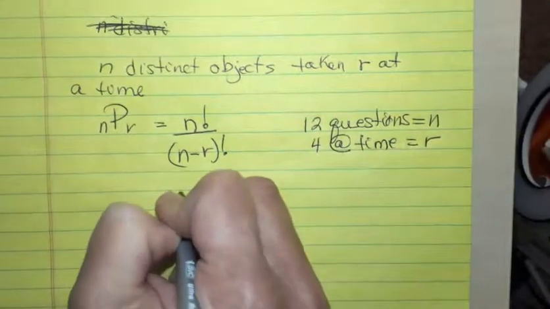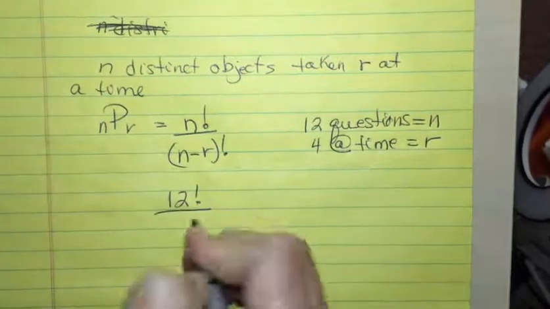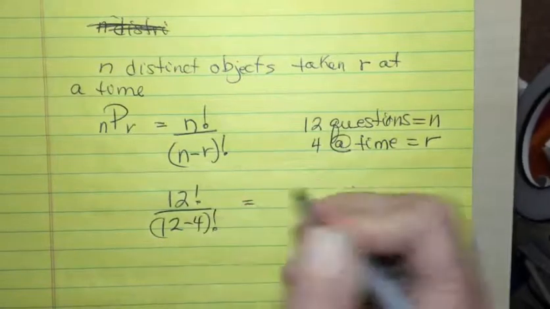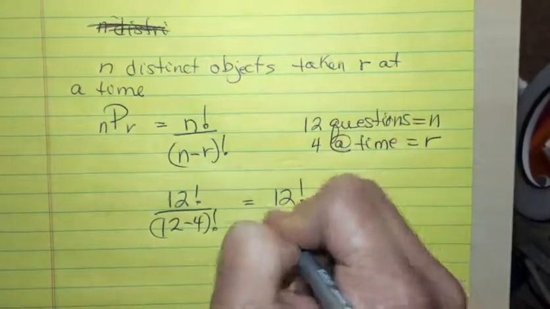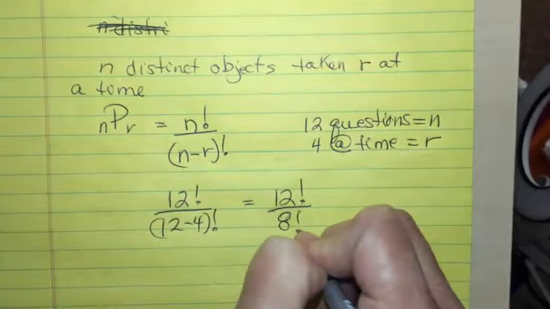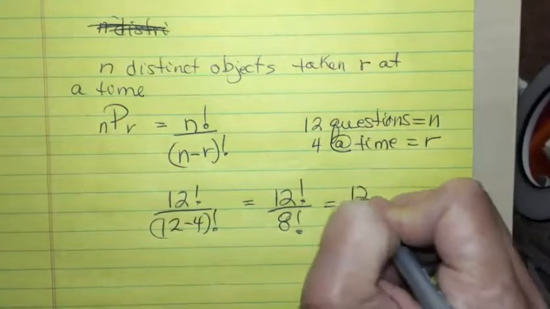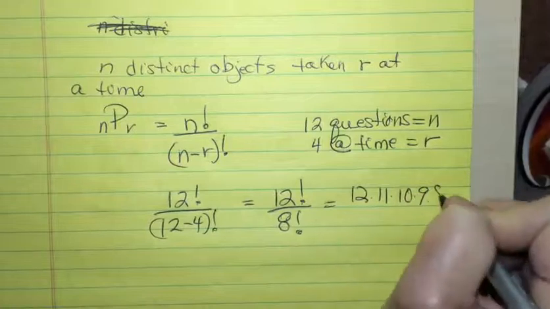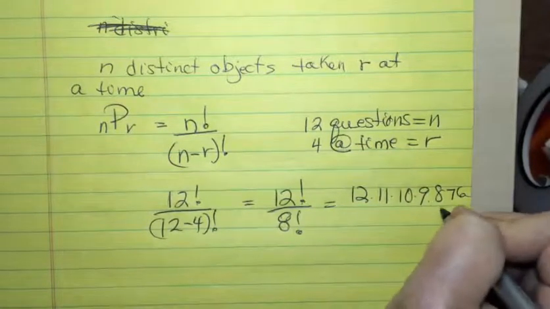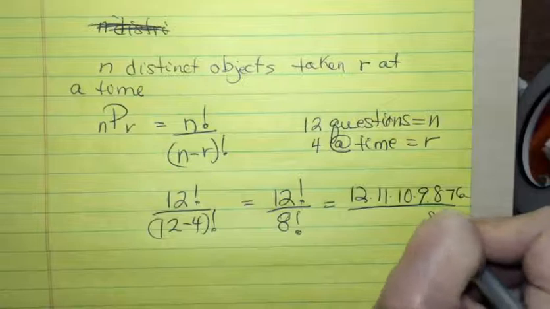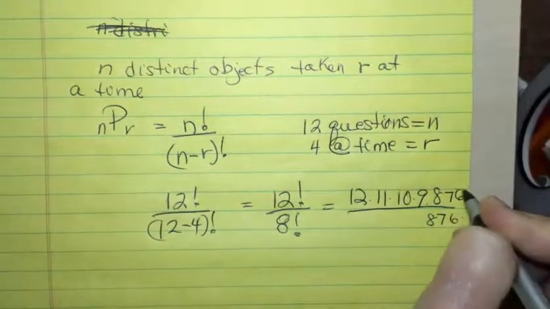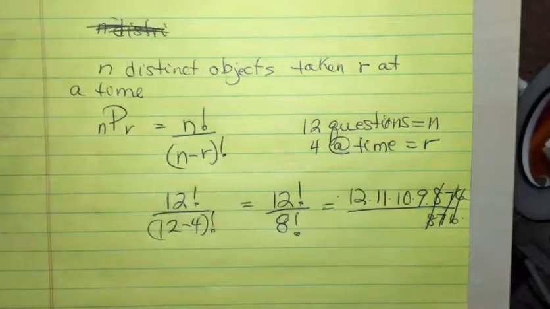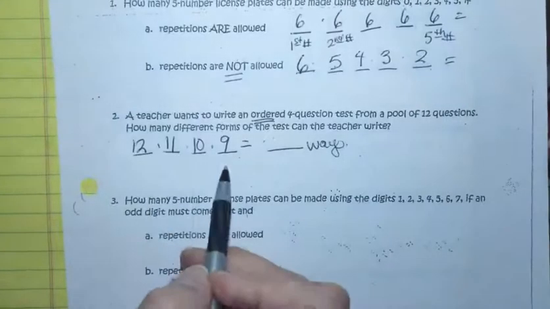So I would have 12 factorial divided by 12 minus 4 factorial, which is the same as saying 12 factorial divided by 8 factorial, which is the same thing as 12, 11, 10, 9, 8, 7, 6, and so on, divided by 8, 7, 6, and so on. Those are all going to cancel and leave you with the thing that I did right here.